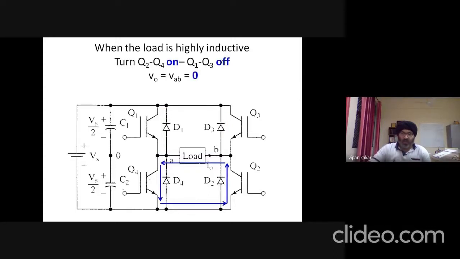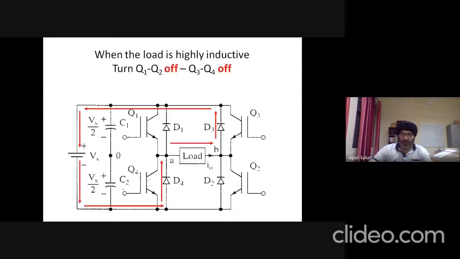Now when Q2 and Q4 are turned on, the direction of the flow of current will follow this path, and at this load we do not have any voltage across this. So the voltage across load is 0.